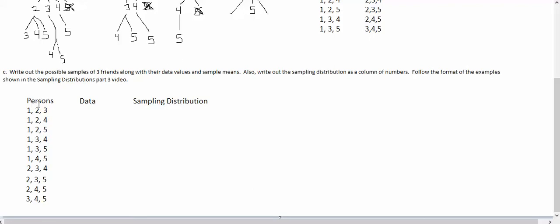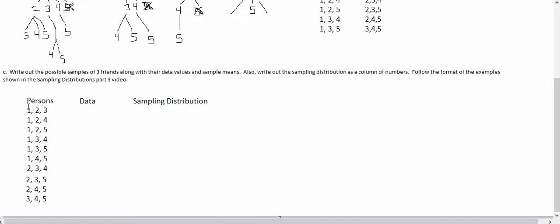Write the word persons, and then take the 10 combinations from part B and write them out under the word persons. It doesn't matter what order you write them in as long as they're all there. And then under the word data, write the 3 data values that go along with the 3 people.